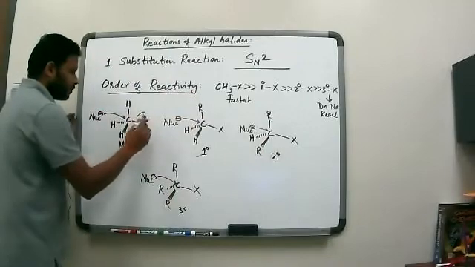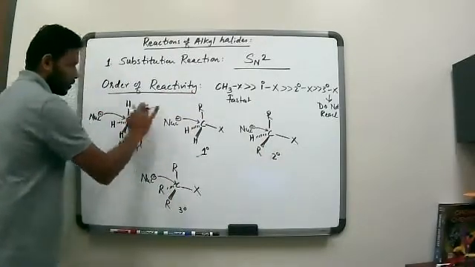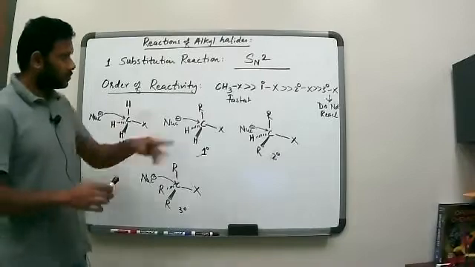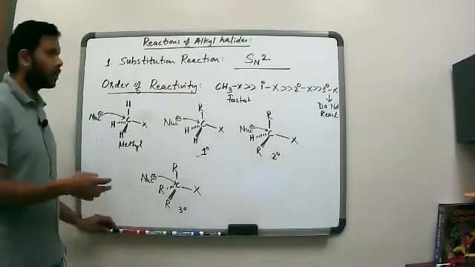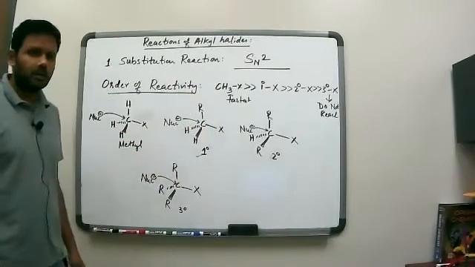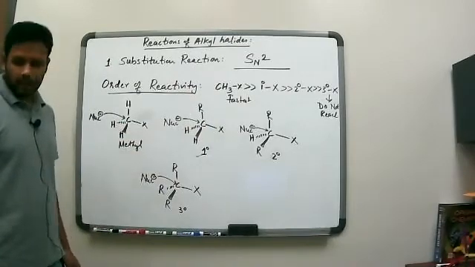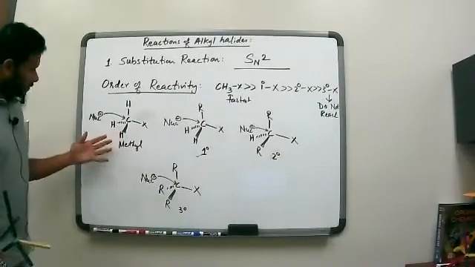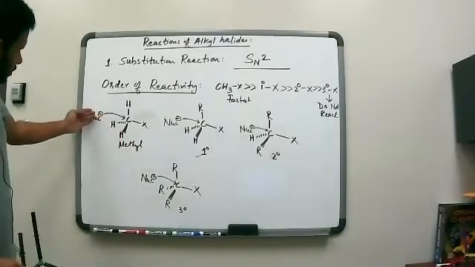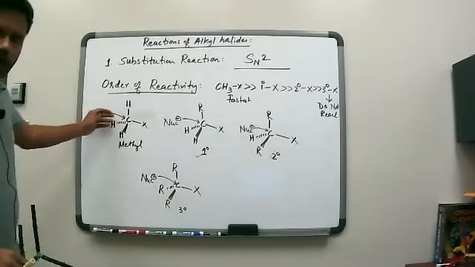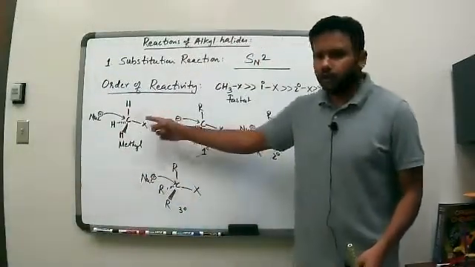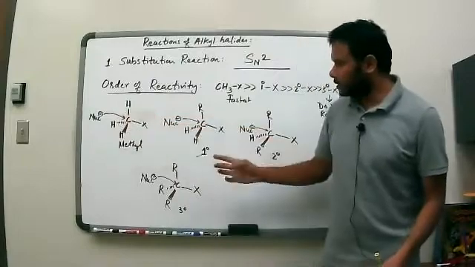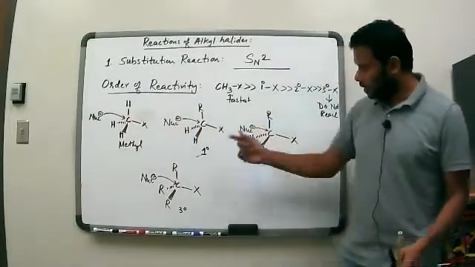But we're focusing on just the attack part of it because for some reason the methyl is the fastest. So what would help us understand why methyl is the fastest? Let's think about that. What could be different when this attack is happening? The nucleophile comes and attacks the carbon from the backside with respect to the halogen in all of these cases. So what is different in each of these cases?